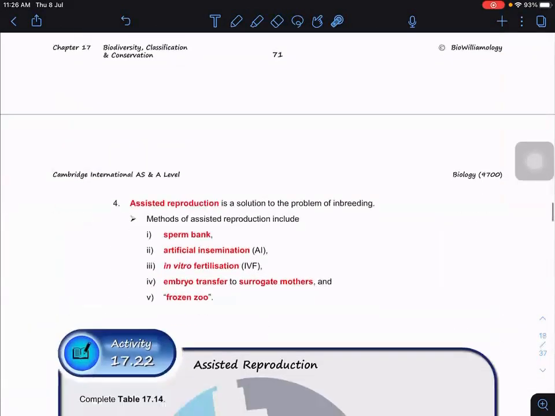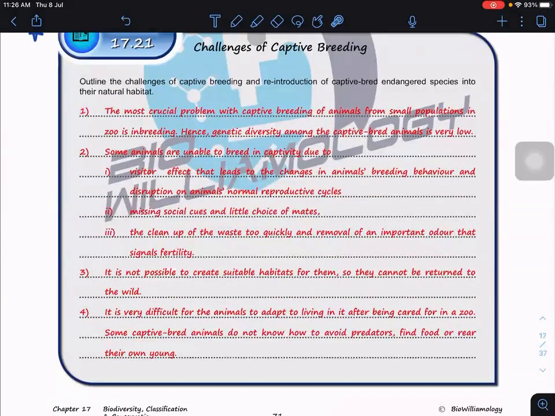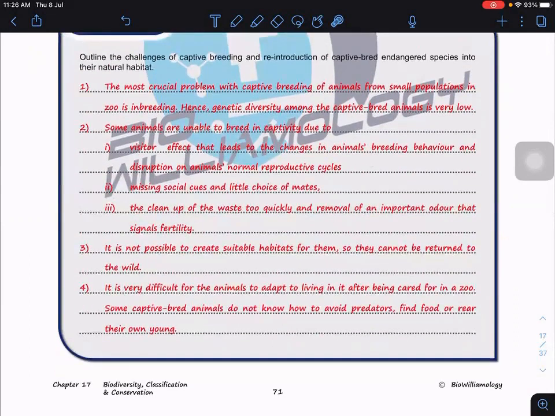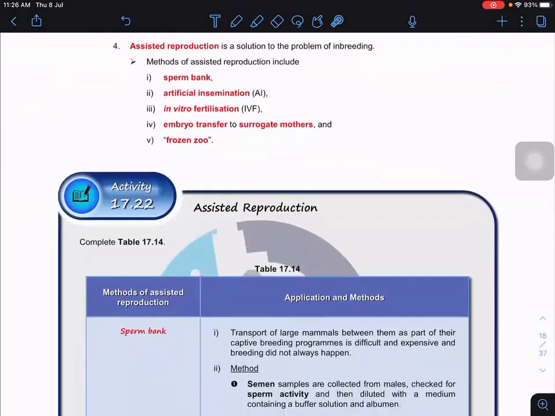Okay, so just now we talked about a few things. Genetic diversity is one of the main problems here. We don't want to have inbreeding depression. Second is how we want the animal to breed in captivity. So we do need what we call assisted reproduction techniques. Okay, highlight this one.